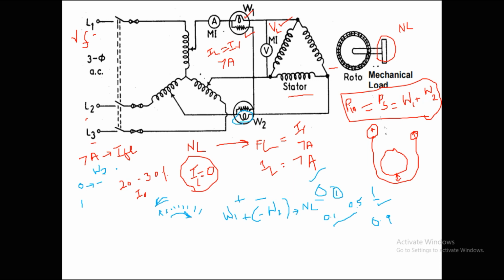Here we have a low power factor, less than 0.5. So now that we have started to give loading to the induction motor, this wattmeter will again give a negative deflection.